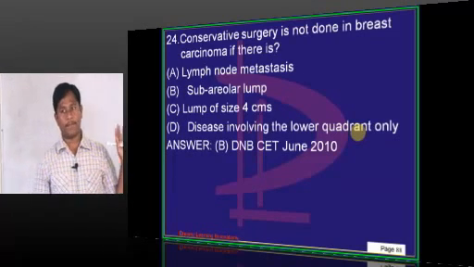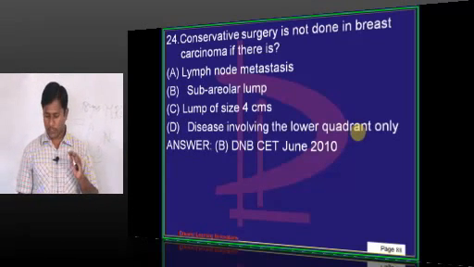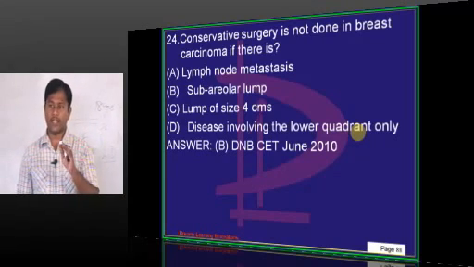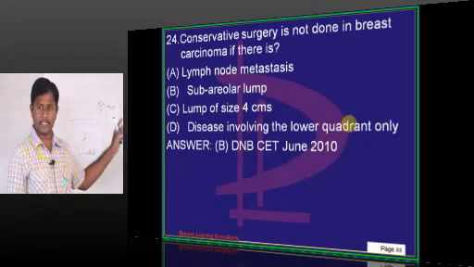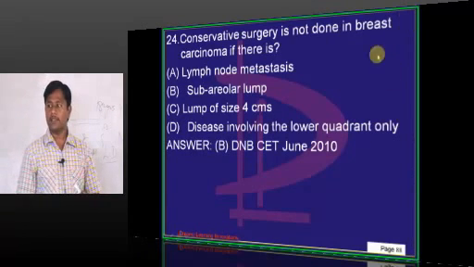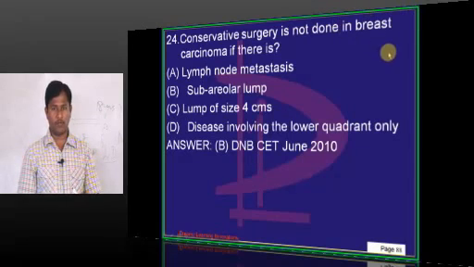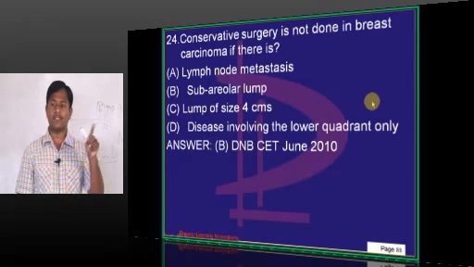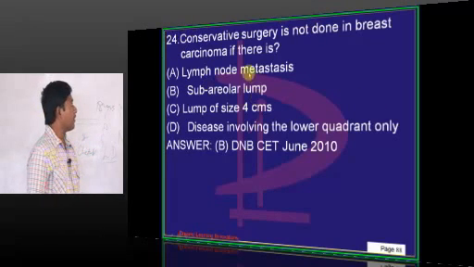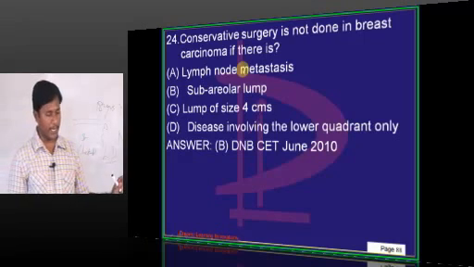The answer is A, but the answer can be B also. Most of the times in a case of subareolar complex you don't do it, but in very rare cases you do. That is called central excision. Very rarely done. But for lymph node metastasis you never do. The answer is A.